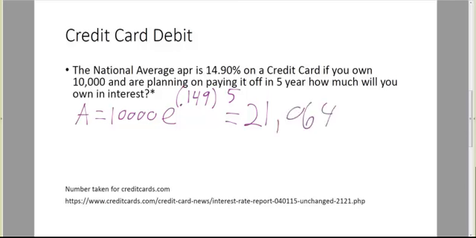So in 5 years, you're basically paying half of a median salary for the average American, depending on your education and everything else. So this is why not getting into debt is extremely important.